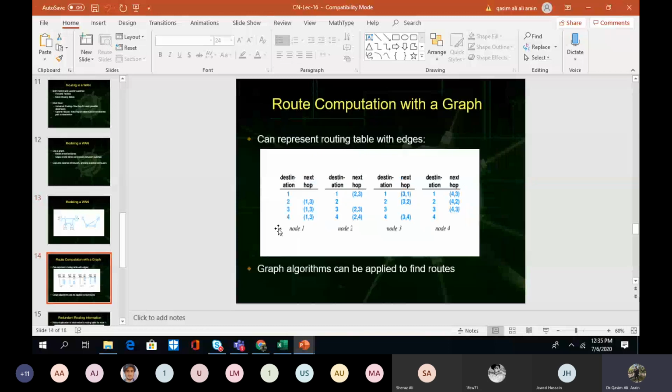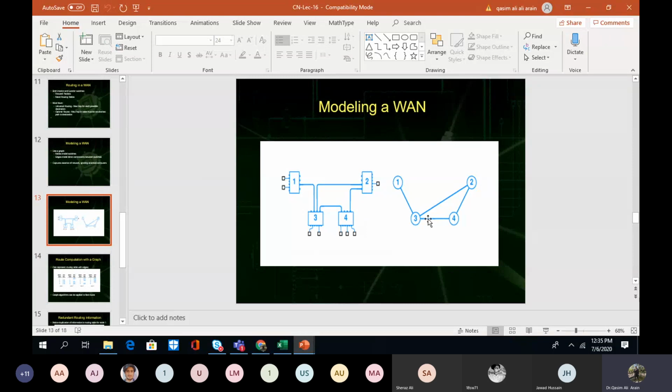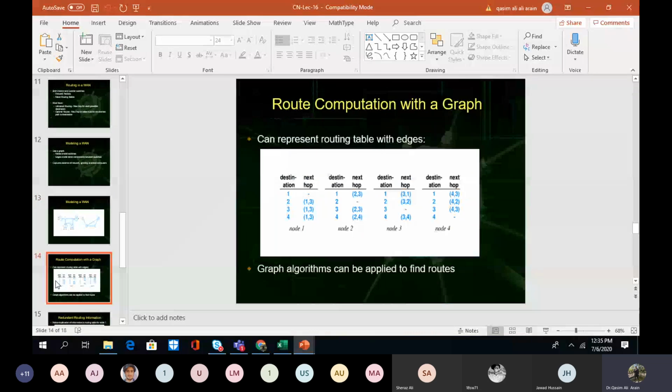In the same way, you have a destination 3. अगर आपके पास 3 है तो वहां पर पहुंचने के लिए आपका next hop क्या होगा? 1,3. Again the same thing, right? And if you have node 4, अगर आपके पास नोड 4 है तो उस तक पहुंचने के लिए आपका next hop क्या होगा? Again 1,3.